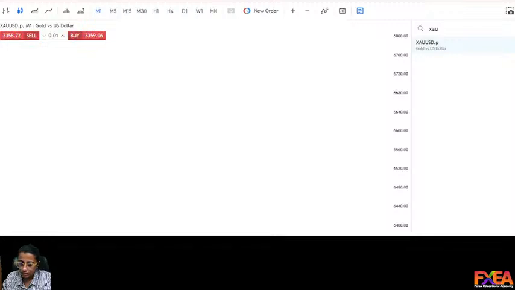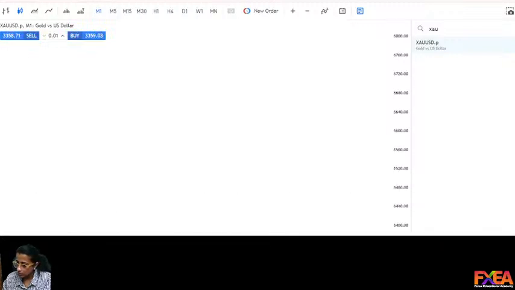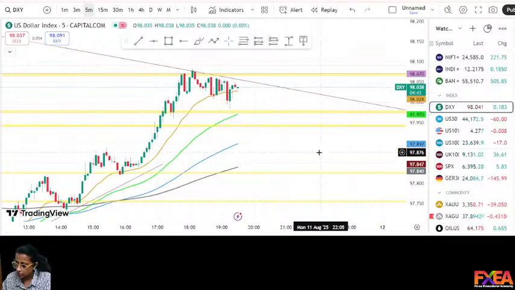This is a very dangerous area. Actually, personally, from my conviction, I don't want to take the trade, but I had taken it already.